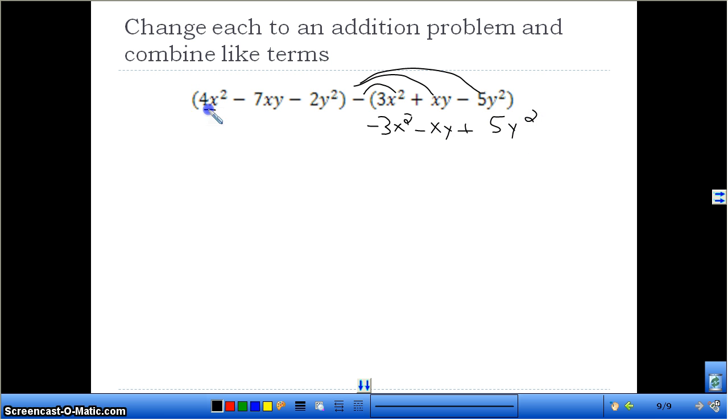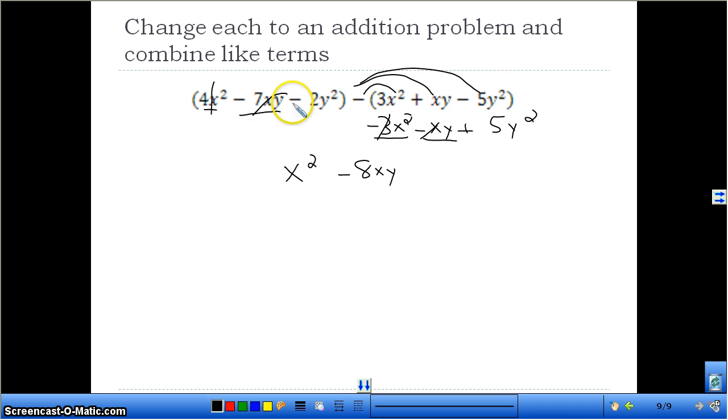Identify those like terms and combine them. So 4x squared minus 3x squared is x squared. I'm done with that. Then I have 7xy. Notice how I didn't say the negative there. That's actually very important. Negative 7xy minus xy is going to give me negative 8xy.